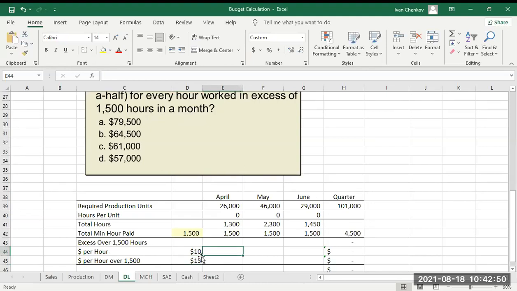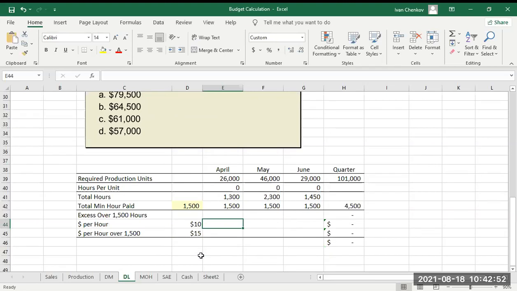So for the month of April, how much are they going to pay? It's going to be the same. Is there any excess hours in April over 1,500? No, it's going to be 15,000 total payment.